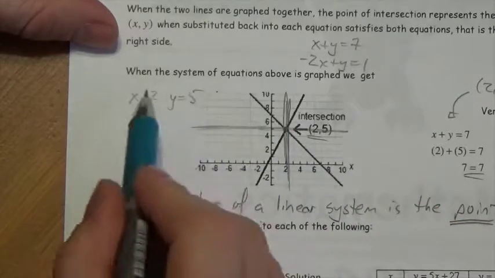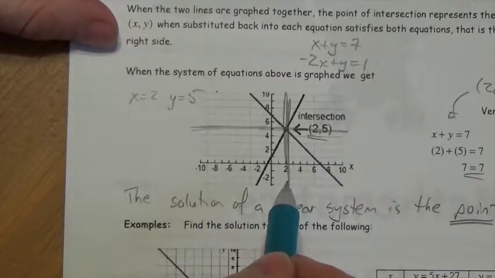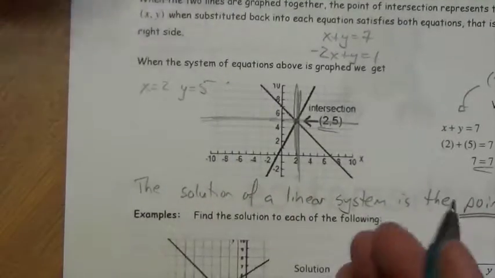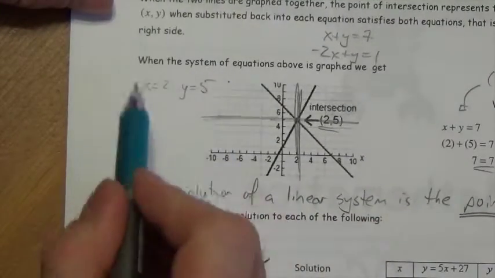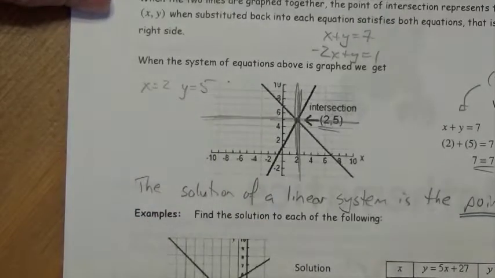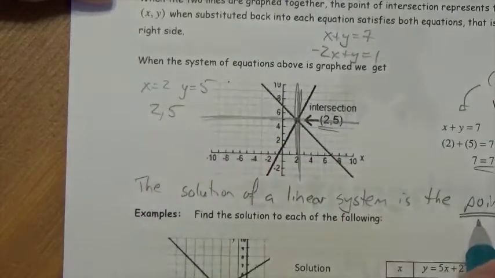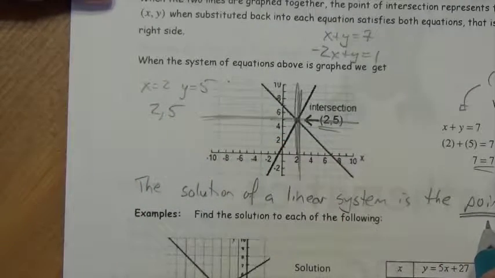Those two lines happen to intersect at that same point that I'm interested in. But when I ask you for the solution to a system of equations and you simply state another system of equations, you haven't answered the question. Likewise, if you were to write 2, 5, that's not the solution to the system either.